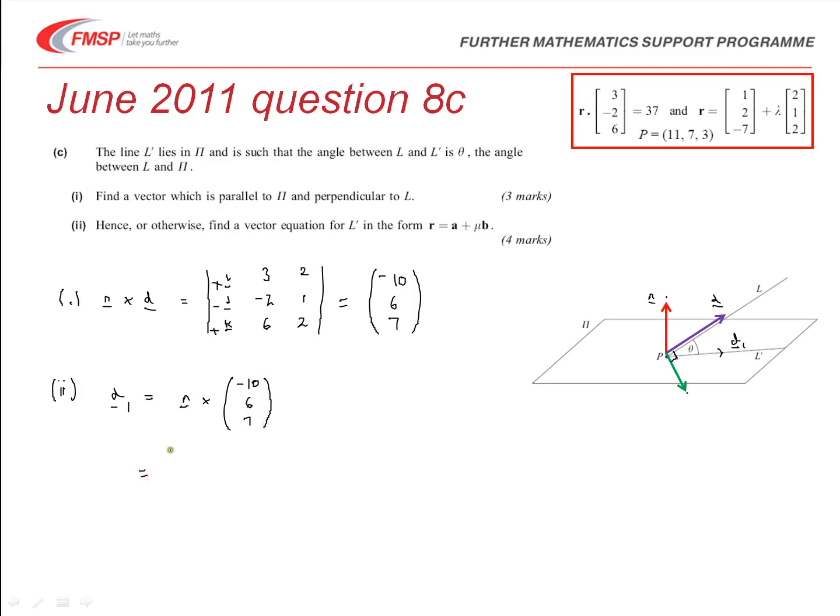So again, we should write that out as i, j, k. The normal is 3, negative 2, 6, and this is negative 10, 6, 7.